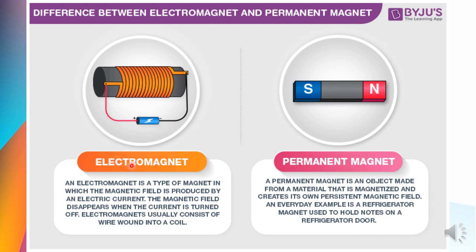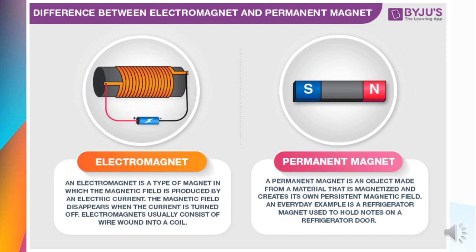It will attract the paper clips and the pens or the steel, iron, cobalt, nickel, everything that is magnetic material. So the electromagnet here depends on the battery or on electricity. If there is electricity, there is a magnetic force or a magnetic field around this magnet.